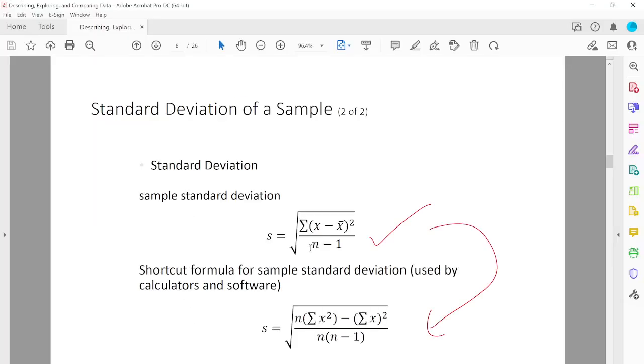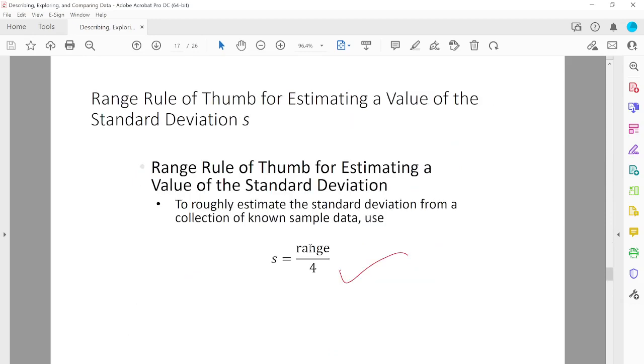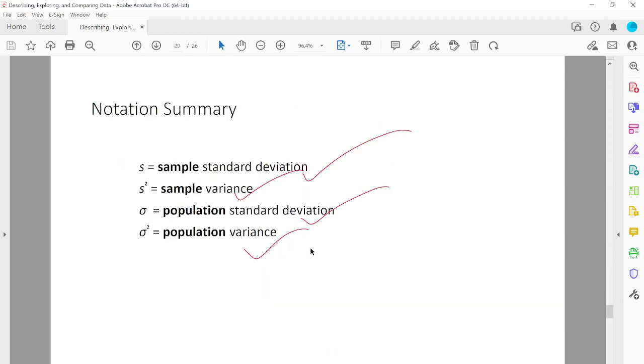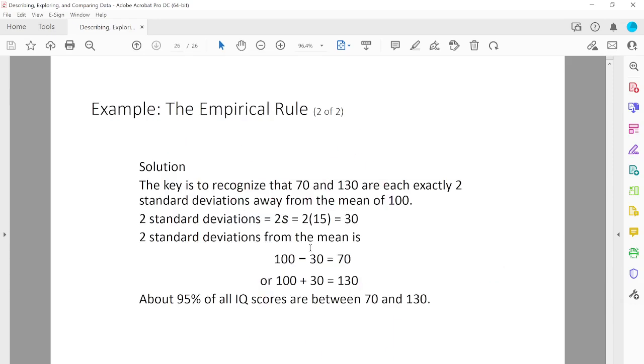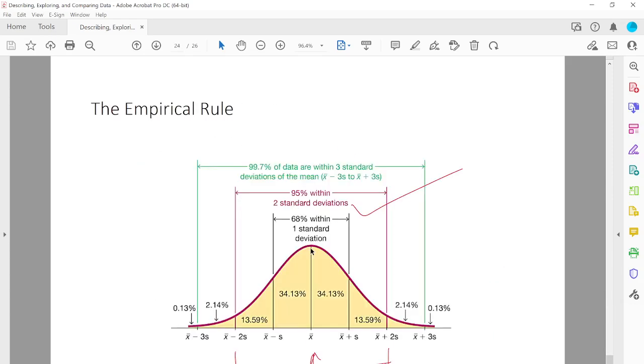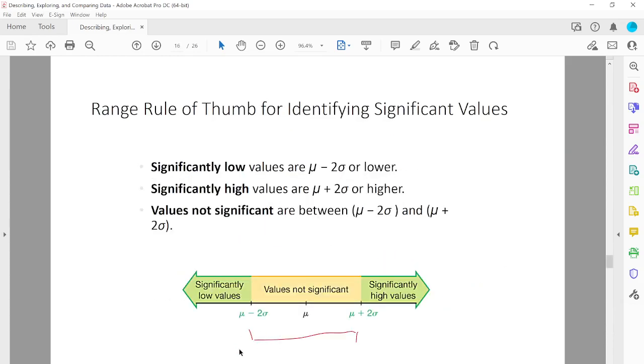For that, we can go to this empirical rule. Where is that? Yes, this one. Where is significantly low? And yeah, this one. If it's coming from a population, then we use the mu, and if it's coming from a sample, we use x bar.